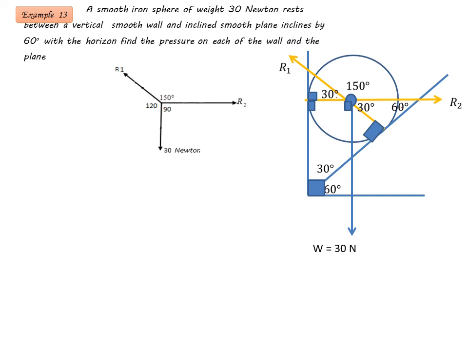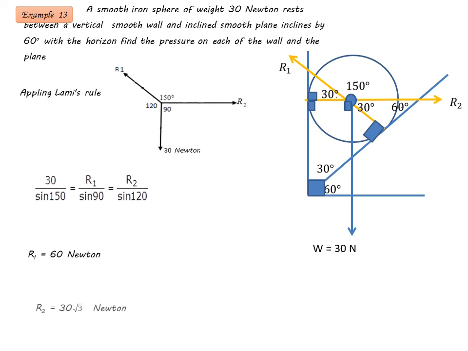So I can find the other angle in the small triangle. Here we have 90 degrees, and 60 degrees, so the third angle will be 30.